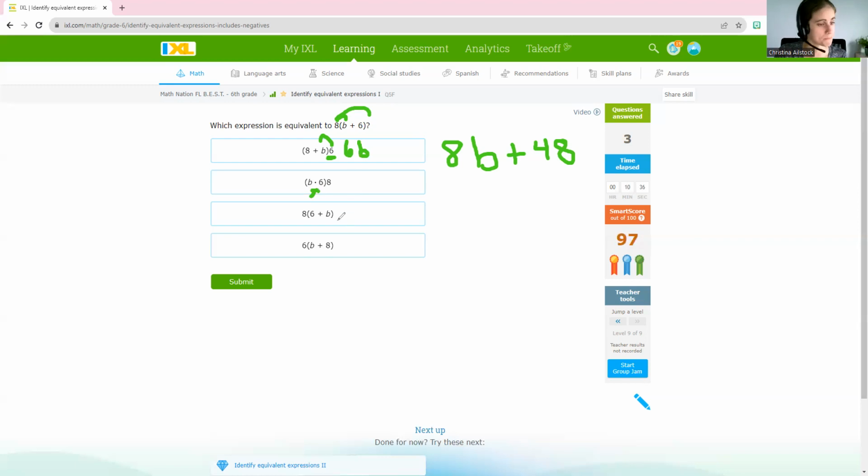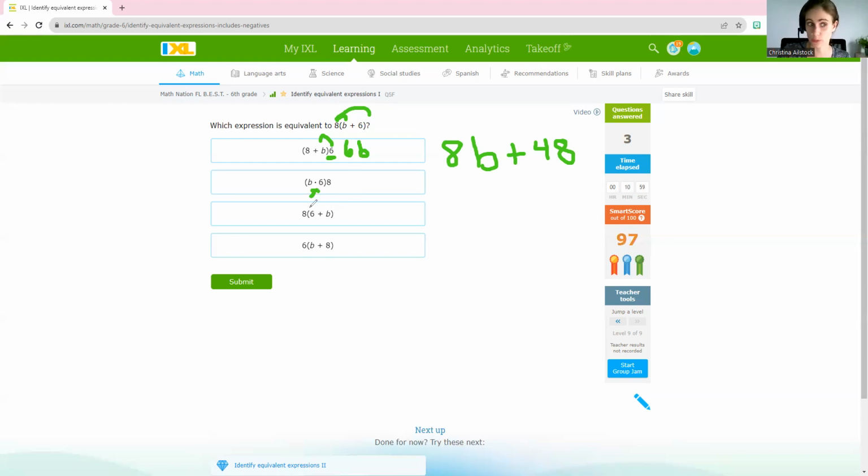Not going to work. If we look at our third one here, the only difference is the b and the 6 have flipped places inside the parentheses. That looks promising because when it's addition, our commutative property lets us flip those.